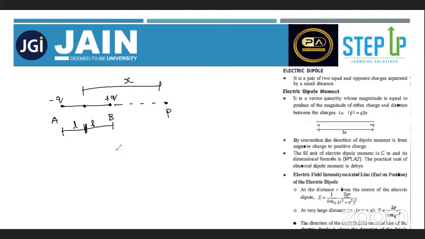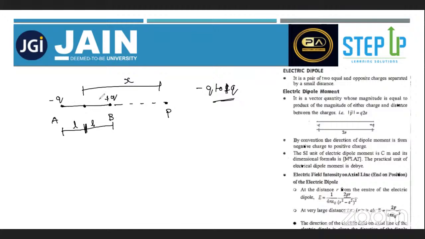When trying to find the answer, first you have to find the electric field here. Normally the dipole moment direction is from minus Q to plus Q. In the case of the axial line also, the resultant of these two will be in the same direction, minus Q to plus Q. Remember, this is very important.